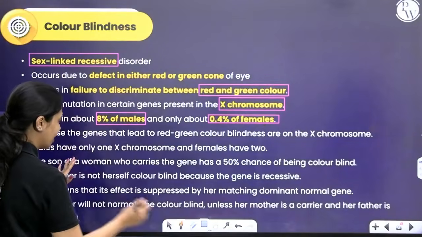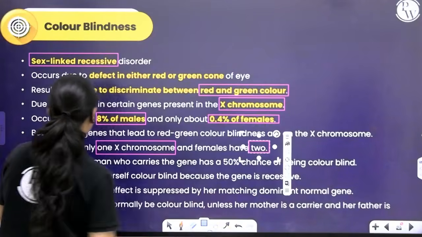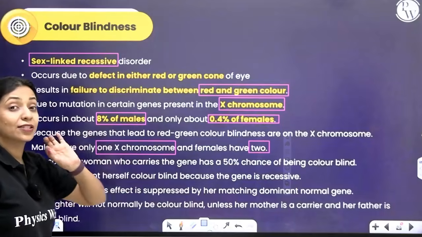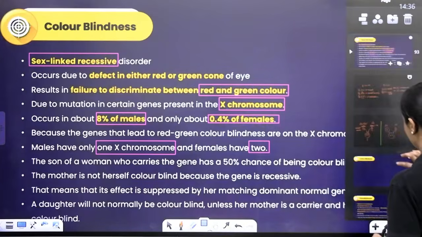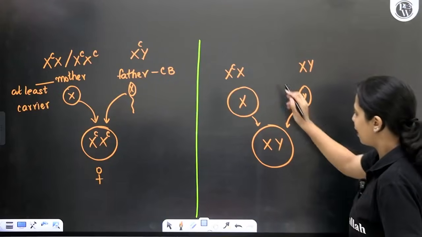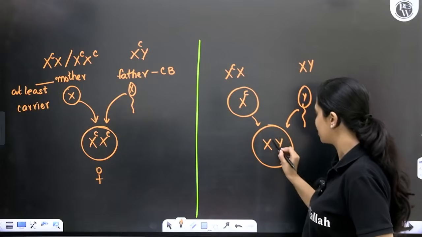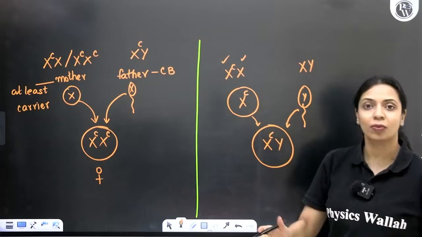males have only 1 X chromosome, females have 2 of them. The son of a woman who carries the gene has 50% chance of becoming colorblind. If she is a carrier, like I told you here, there are 50% chances of her passing on the defective allele to her son and 50% chances of her passing on the normal allele to her son.